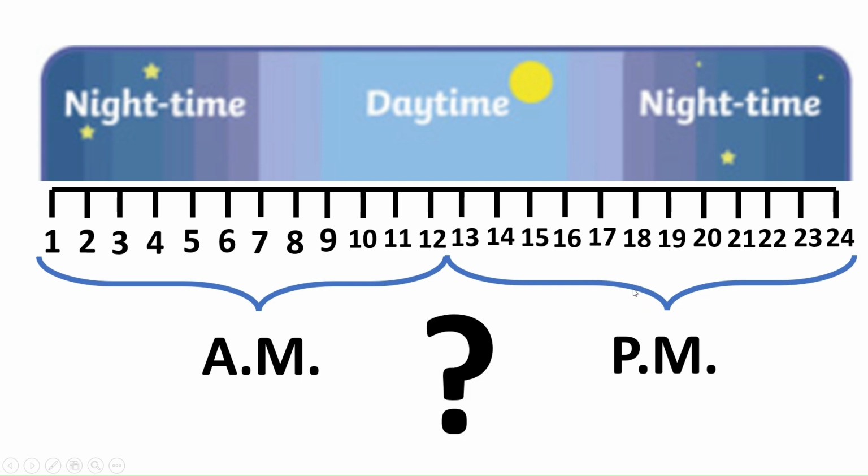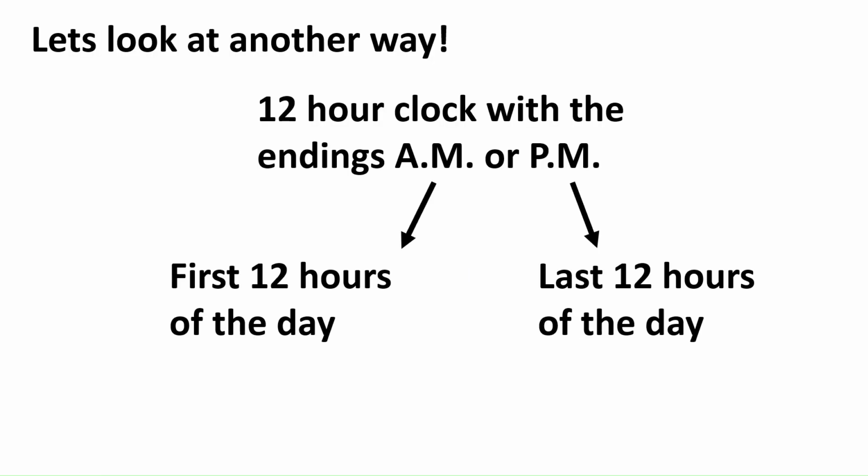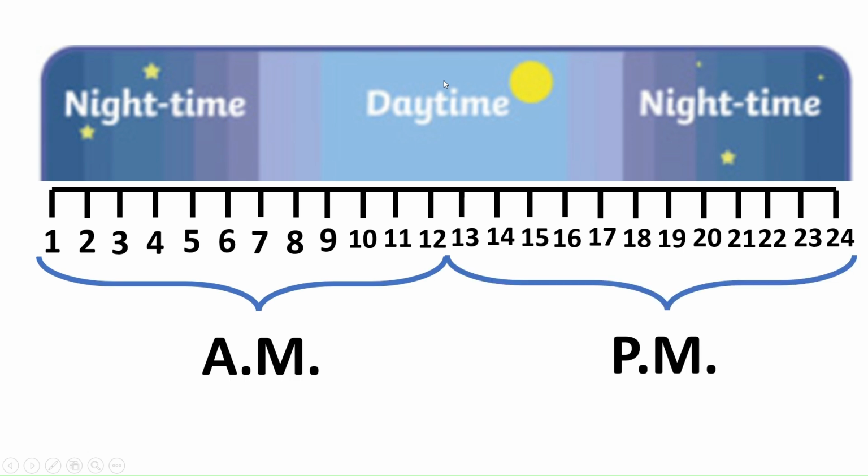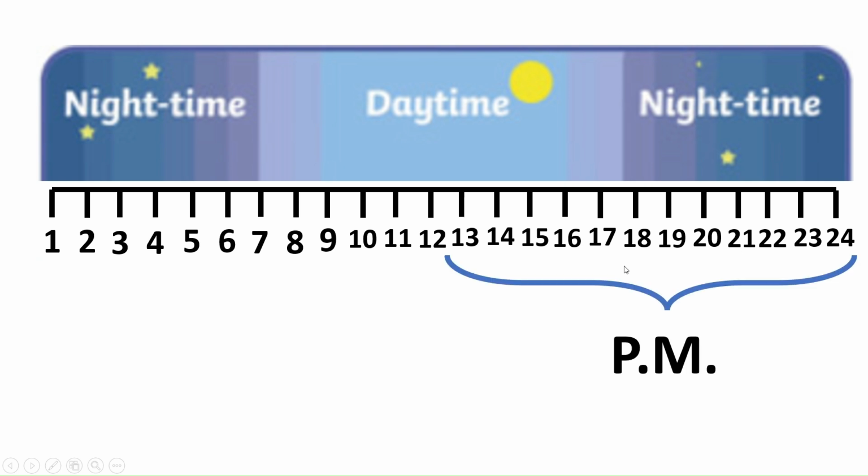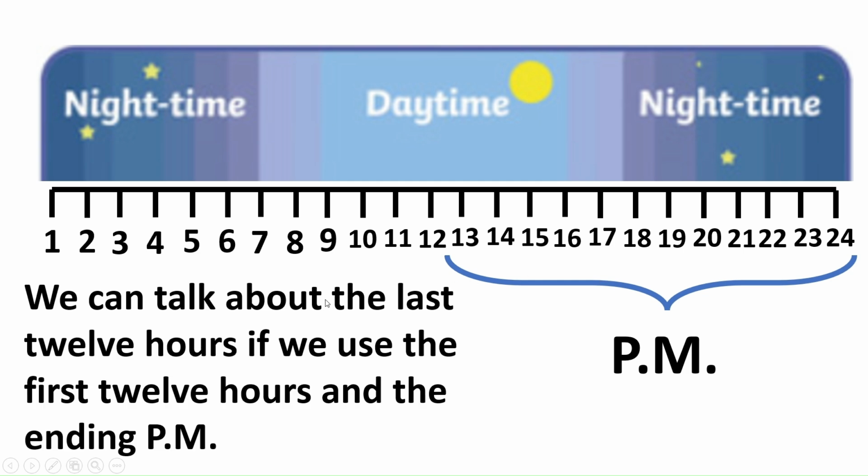But let's see how this works, because I said that it's a 12-hour clock. However, here we can clearly see that there's 24 hours. Well, with the PM half, it's a bit more tricky. What we do is that we can talk about the last 12 hours if we reuse the first 12 hours and the ending PM.